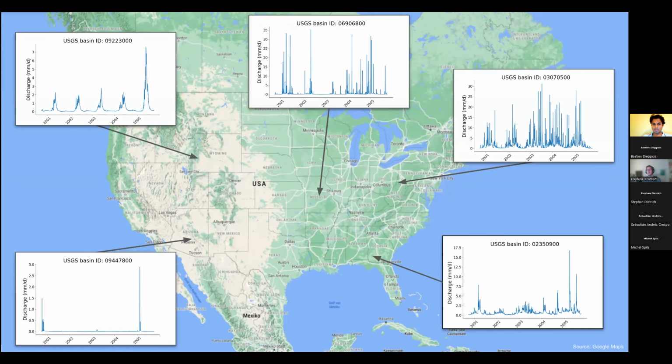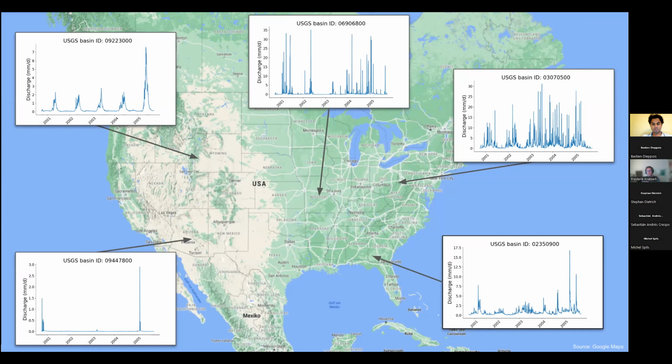And as you can imagine, if you just look at naturalized basins, so even without human influence, the discharge in basins in different environments and places of the world looks completely different. You have very spiky rivers that fall completely dry over extended periods in arid regions in the desert, like here in the lower left in Arizona.